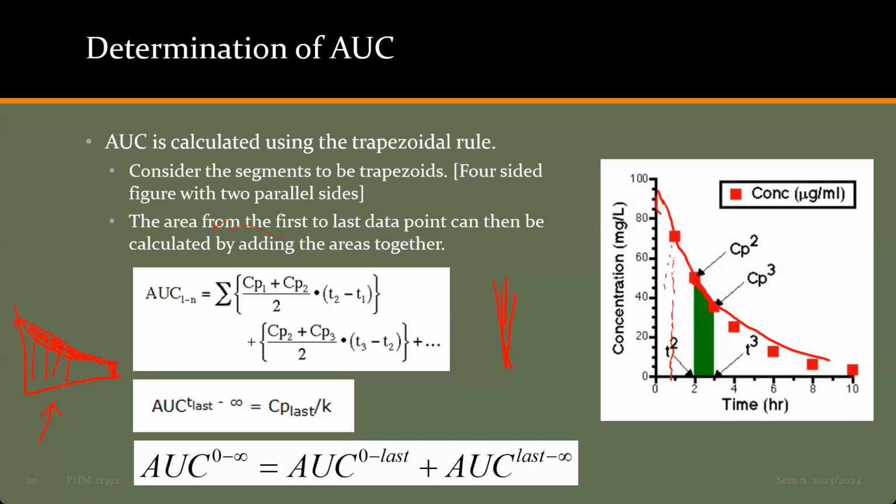So you don't just consider the whole shape as one trapezoid, choosing one point at the beginning and one point at the end. If you calculate the area of one trapezoid, then your error margin is very big.